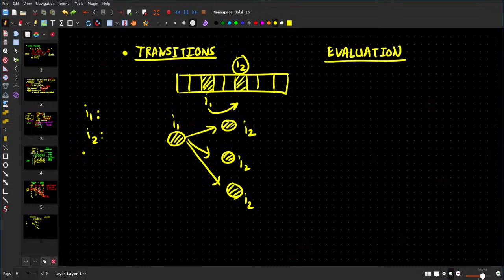Hence, if we have to write a function which counts the number of ways to assign values from left to right, it will be something like this. Suppose we are at index I2, we want to give something to I2, and we have previously given something to I1. Let me write it better.